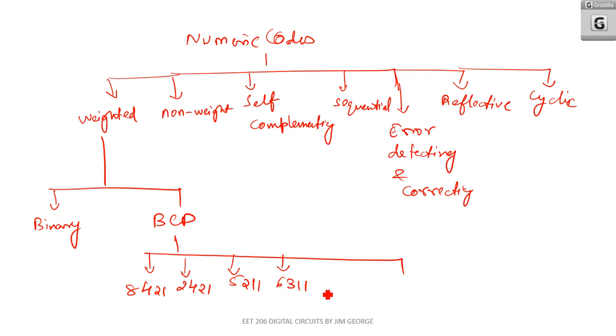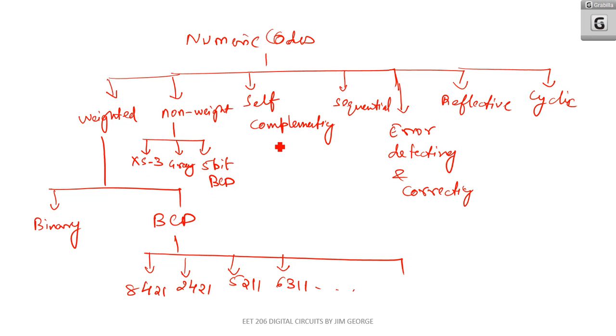You have different forms of BCD representation. Non-weighted codes, some examples are excess-3 code, gray code, and 5-bit BCD code.